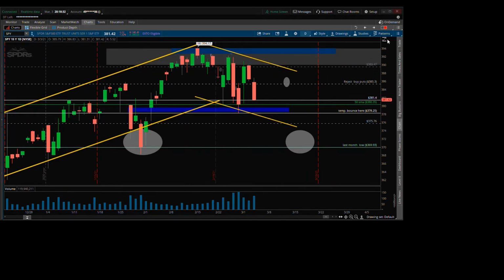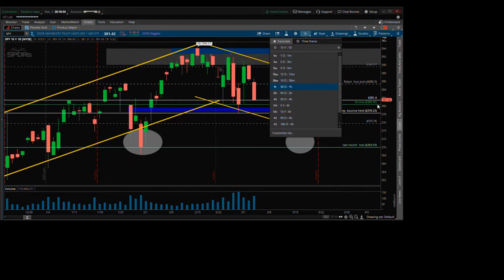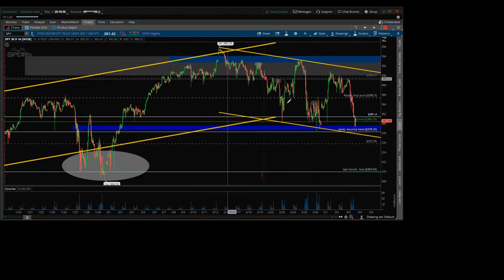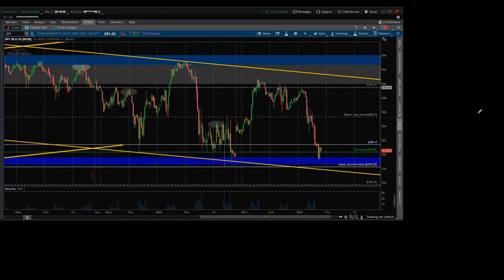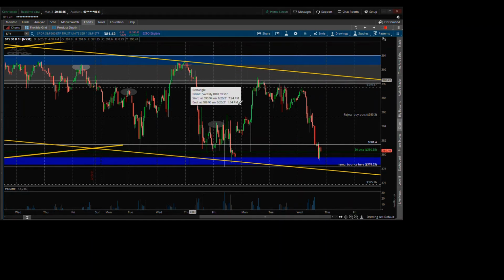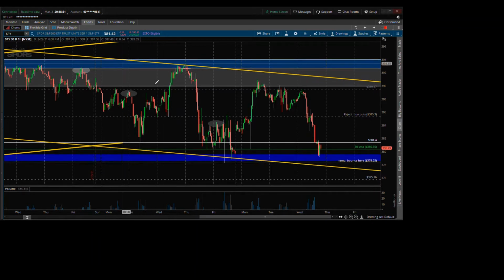The intraday, we're going to go to the hour. The hour gives us a more clear direction, meaning in candles it's less noise, it's more clean.